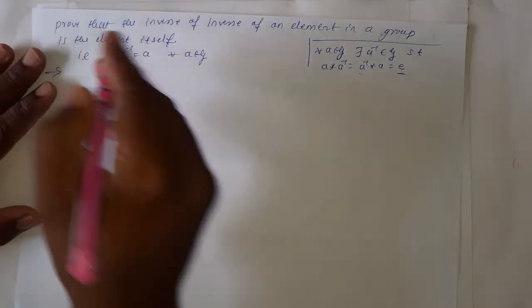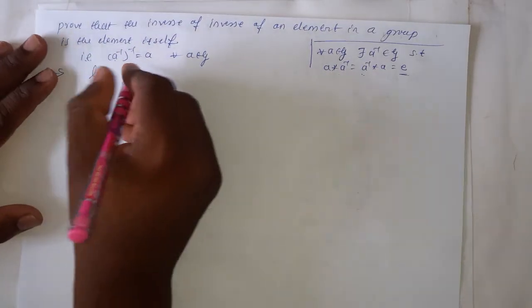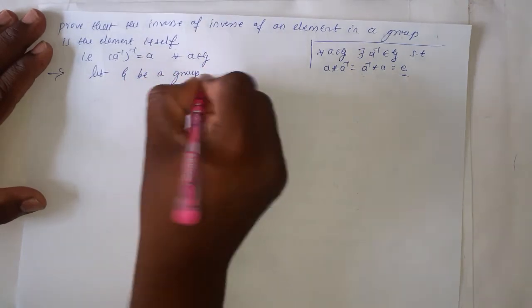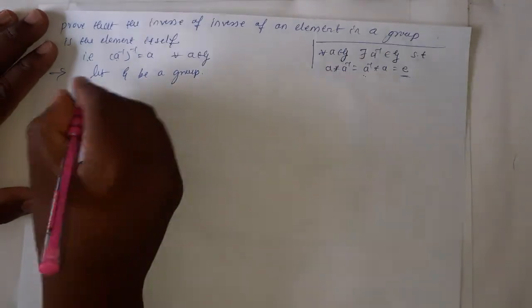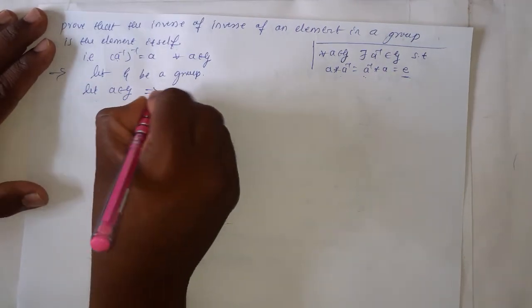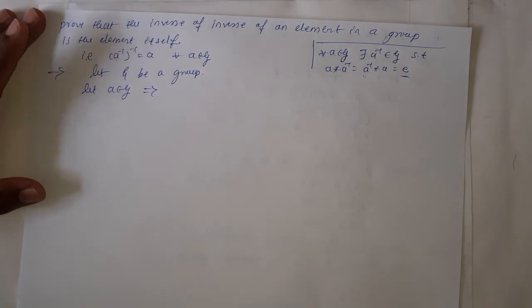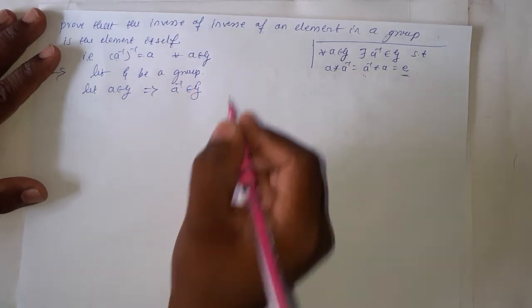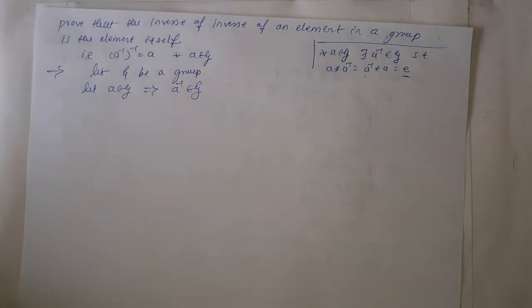Now let G be a group, and let A belong to G. Since A is an element of G and G is a group, we can write that A inverse belongs to G, because the inverse law is satisfied for G. Inverse law means for each and every element there is a unique inverse.